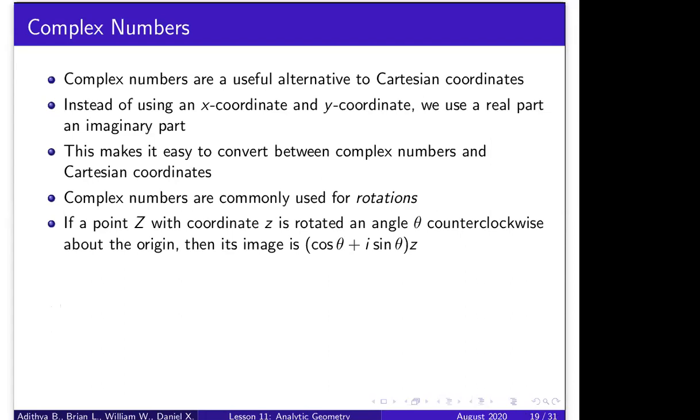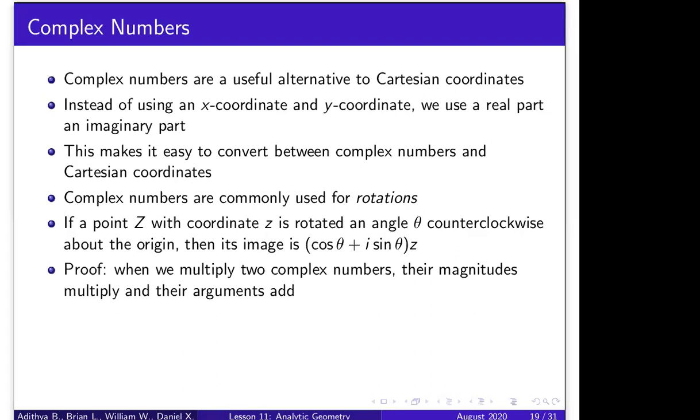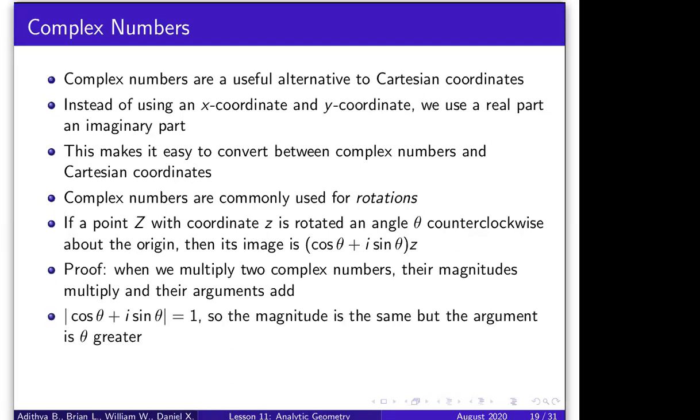Well, you can remember that when we multiply two complex numbers, their magnitudes multiply and their arguments add, arguments being their angles. And clearly cosine theta plus i sine theta has a magnitude of 1 and the argument is theta. So that's why that works.